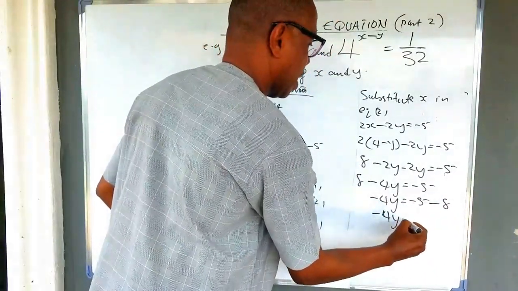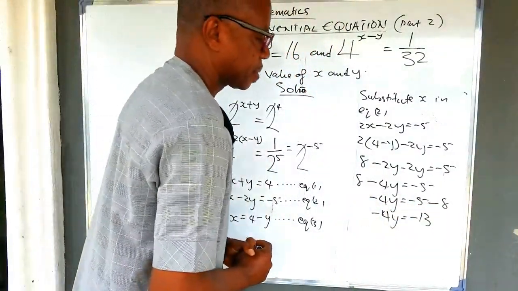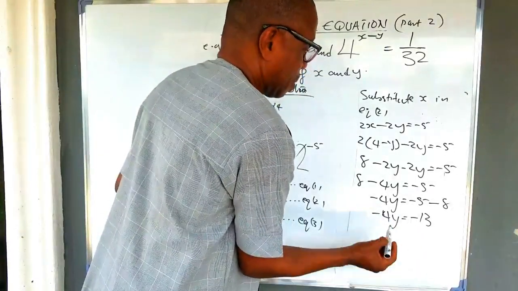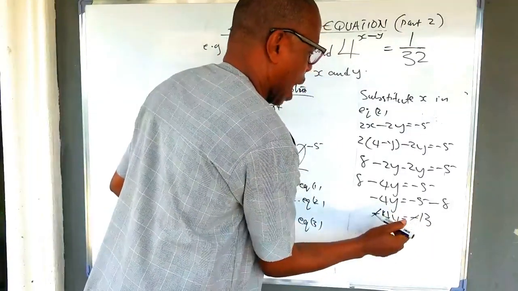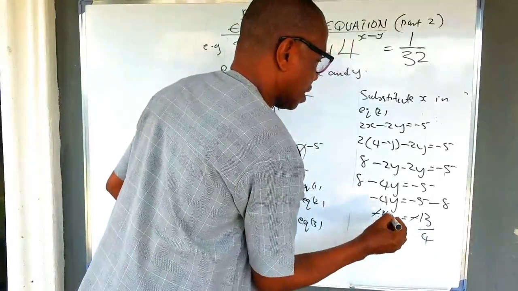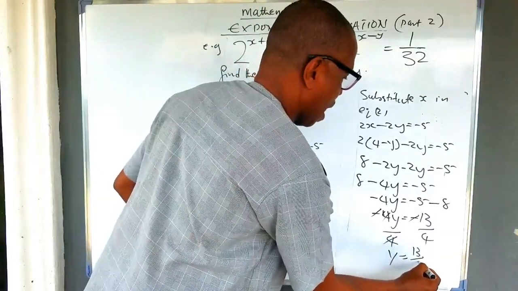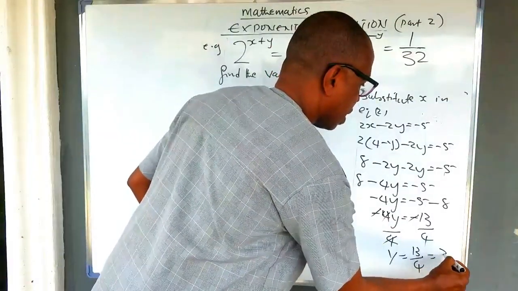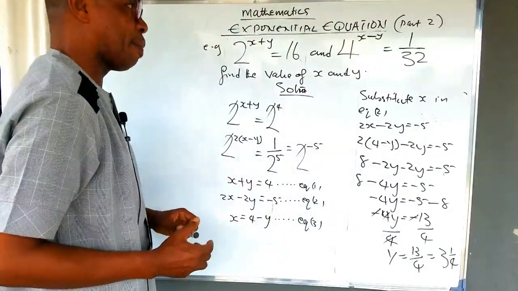So now I have it that minus 4y is equal to minus 13. Okay? Now, since I have minus on both sides, it's a simple mathematical rule that will simply cancel them out. And then you now divide by the coefficient of y, which is 4. And y is simply 13 over 4, or 3 whole number 1 over 4.